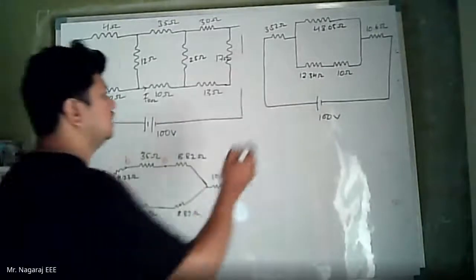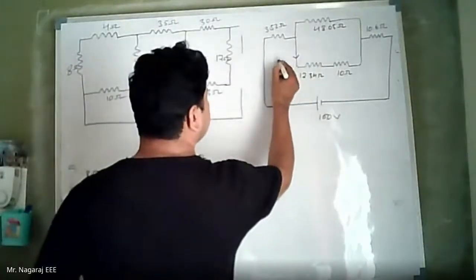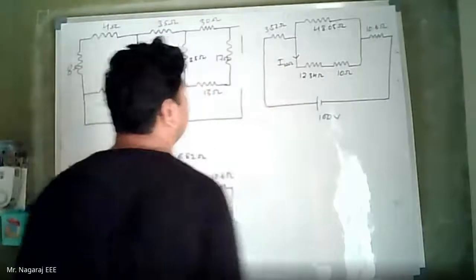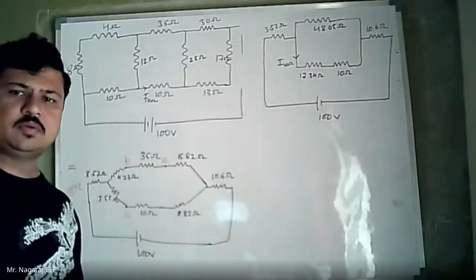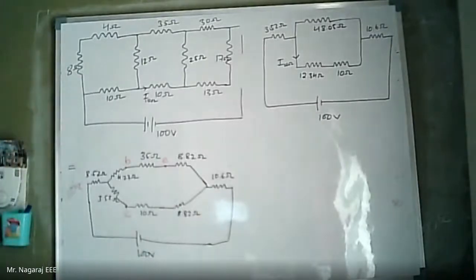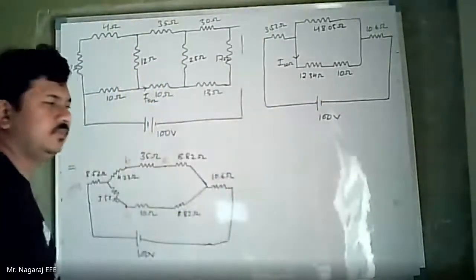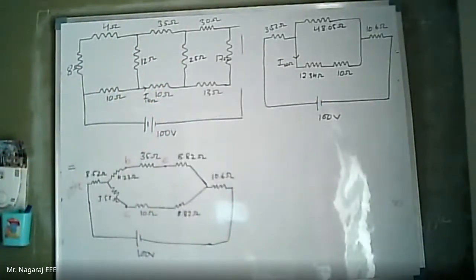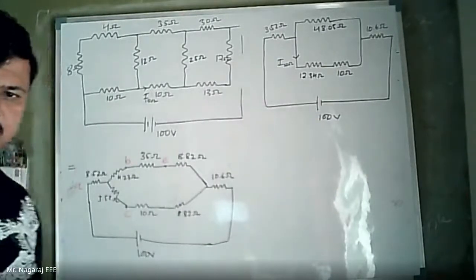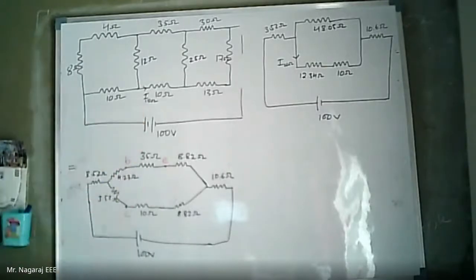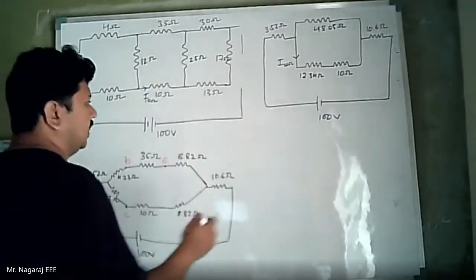Now I need to find out this current. Let me take this as I 10 ohms. I am not interested in the current flowing in the 48.05 branch. But to find the current in this branch, I should know the total current so that I can apply the current divider formula. So find out the total current.